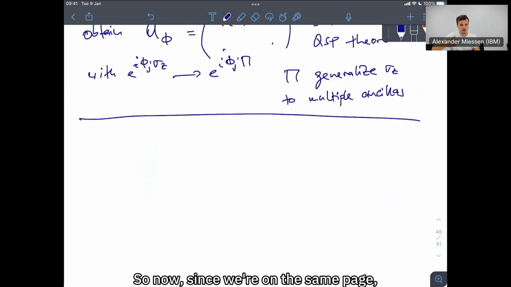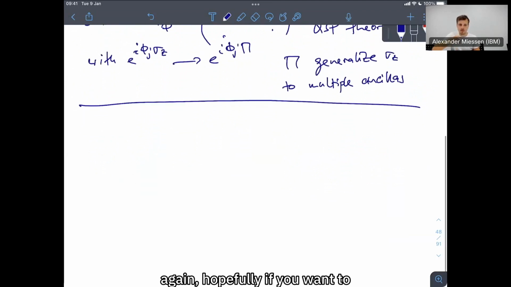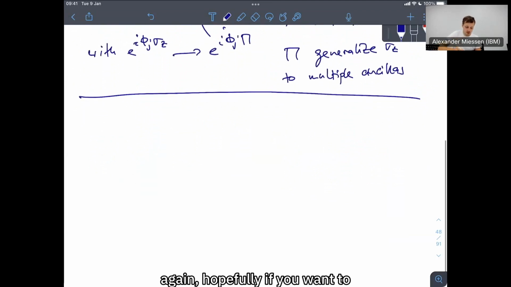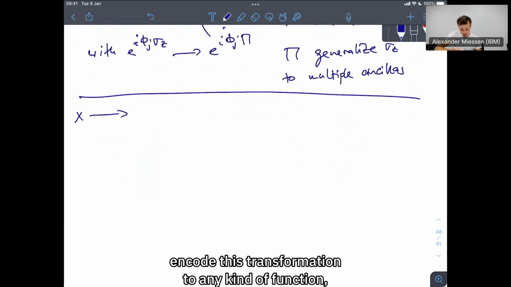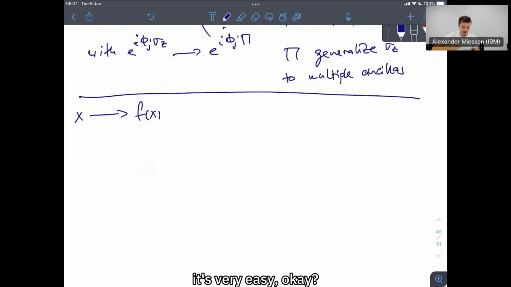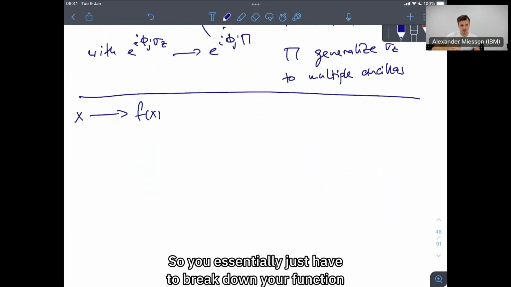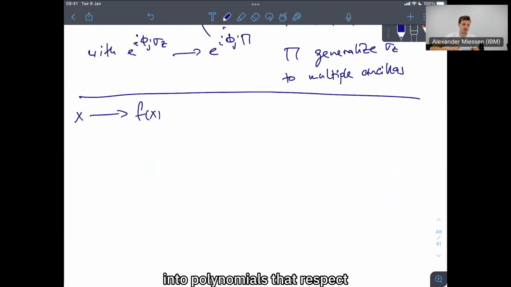Now, since we're on the same page, hopefully, if you want to encode this transformation to any kind of function, it's very easy. You essentially just have to break down your function into polynomials that respect the quantum signal processing theorem. Say, for instance, you have some f of x that you want to encode, and this is a real polynomial.